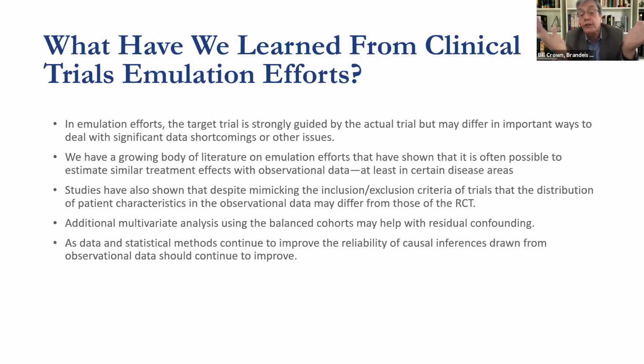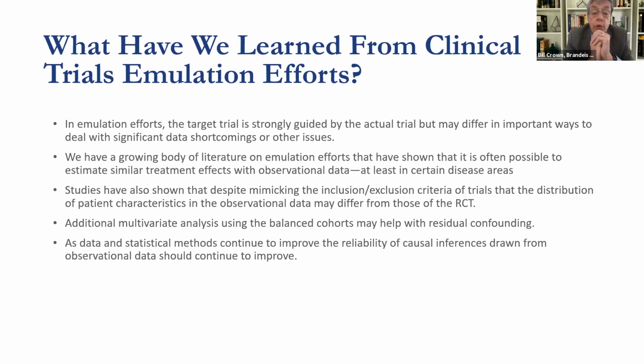So if the desire is to answer the same research question as the actual trial, the way that one might do that might differ. You might decide not to have follow-up hemoglobin A1C levels for everybody in your cohort, but rather deal with that with censoring, for example.